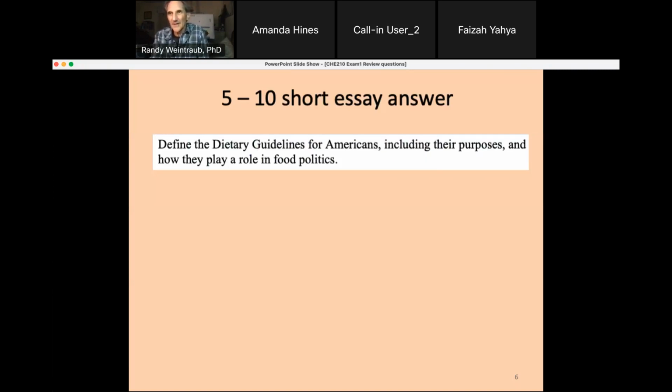So here's one: define the Dietary Guidelines for Americans, the purposes, and some roles in politics. You saw that in the last discussion. There was a video of the presentation of the last Dietary Guidelines for Americans, the 2020 to 2025, and you may have seen some of the politics involved there.